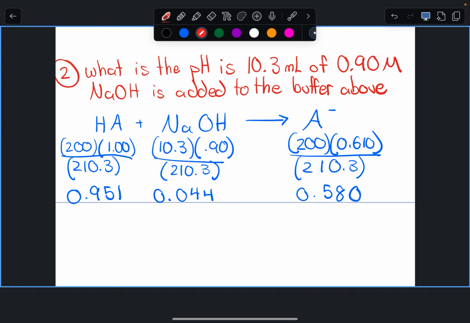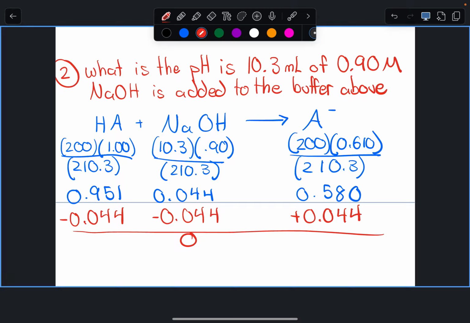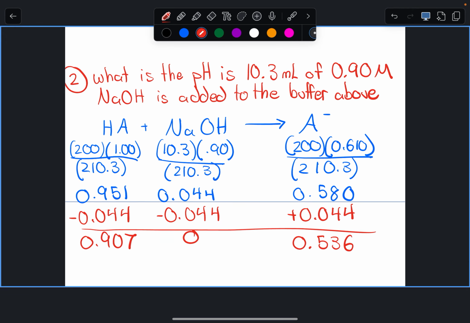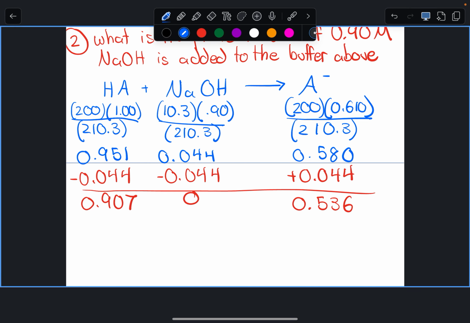I'll switch colors. Step 1, dilution, is in blue. Now I'm doing the consumption step. Then finally, I'll do the equilibrium step in blue again.